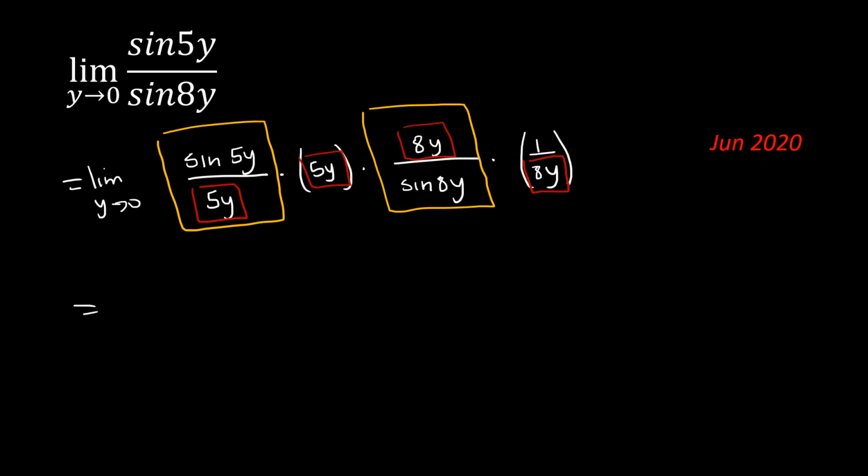So our answer is 1 times 5, and this y will cancel the y from the 8. 5y divided by 8y leaves us with 5 over 8. This is our answer. We have 1 times 5 over 8 times another 1, so you can put it there, it doesn't matter.